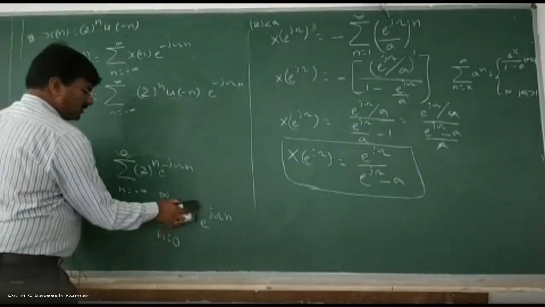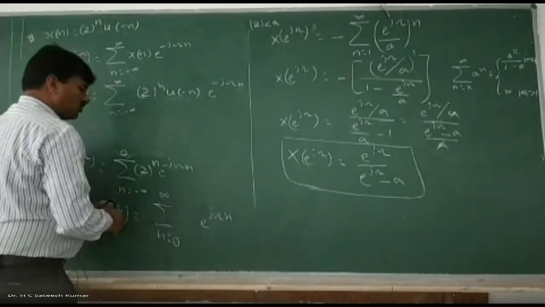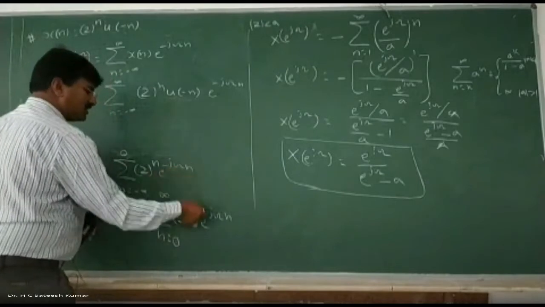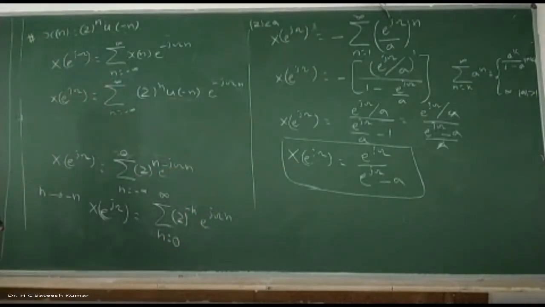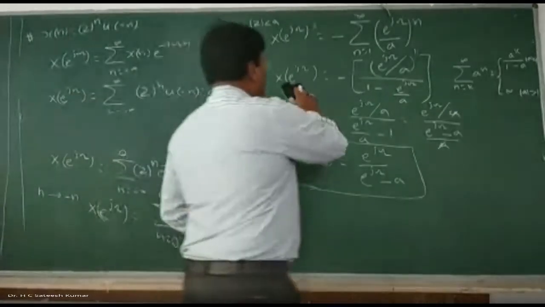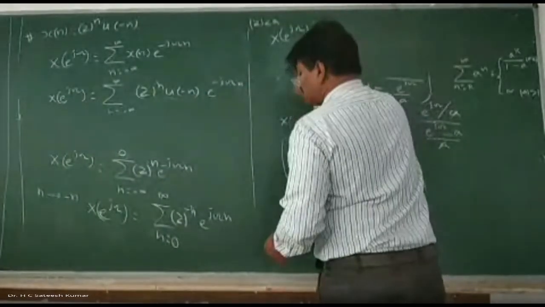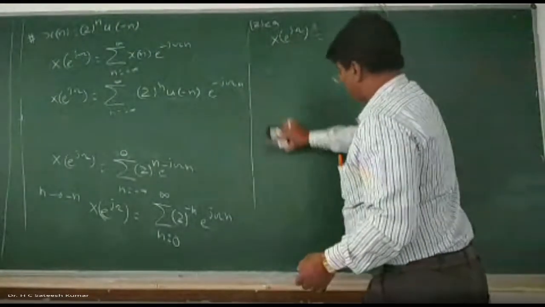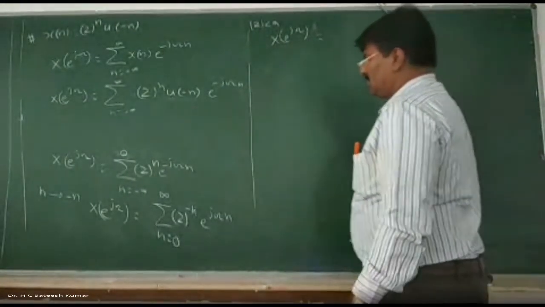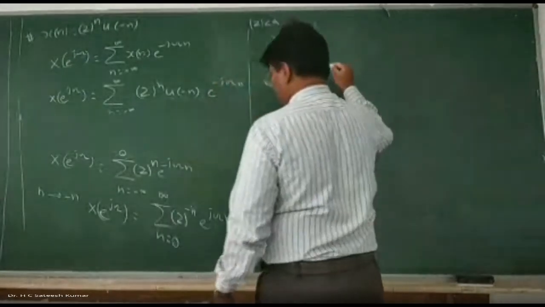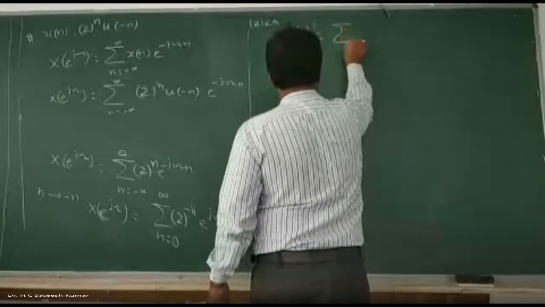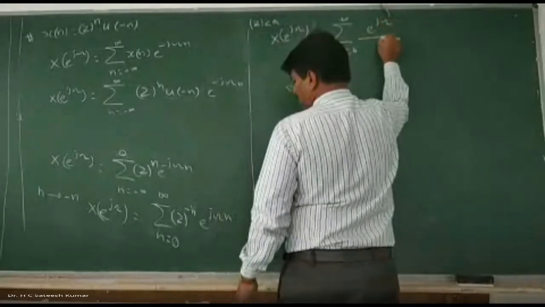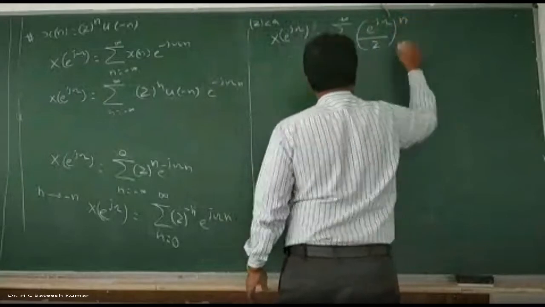And this will be what? 2 to the power of minus n, and e to the power of minus j omega n becomes e to the power of j omega n. So we can write it by taking the 2 to the denominator: summation n varies from 0 to infinity of e to the power of j omega divided by 2, whole power n.